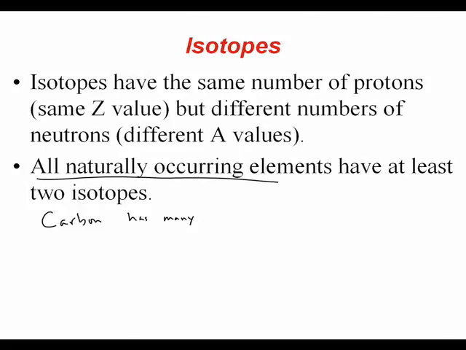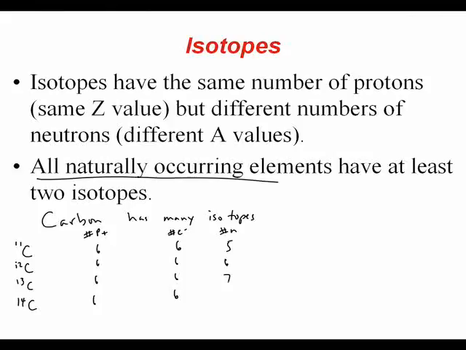For example, we have carbon 11, carbon 12, carbon 13, and carbon 14. What does this mean? Well, let's look at number of protons, number of electrons, and number of neutrons. This one, 6, 6, 6, 6. Neutral 6, 6, 6, 6. Okay, how about here? 5, 6, 7, 8. They're all differentiated because they've got different numbers of neutrons.